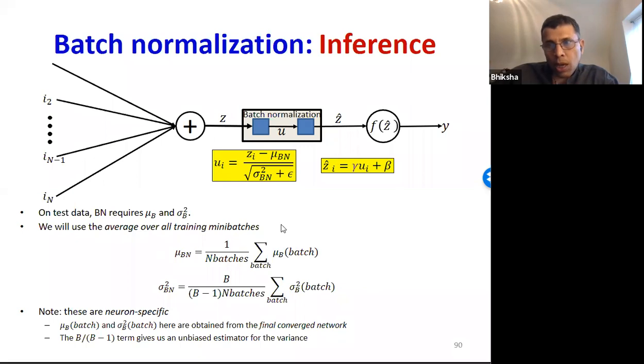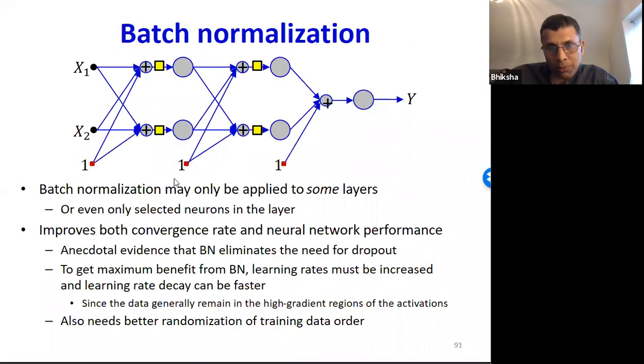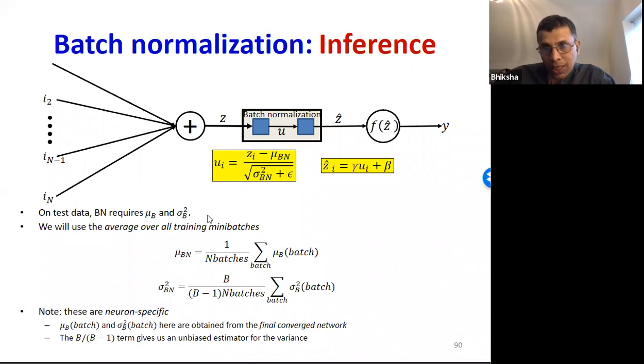So instead, we'll compute the means and variances for the individual training mini batches, and compute the average mean and the average variance of the mini batches. Specifically, for the variance, we will use the unbiased estimator, which uses b minus 1 as the denominator rather than b, and then use these terms to normalize the individual test instances and then shift those.